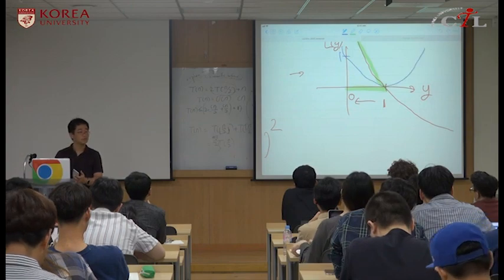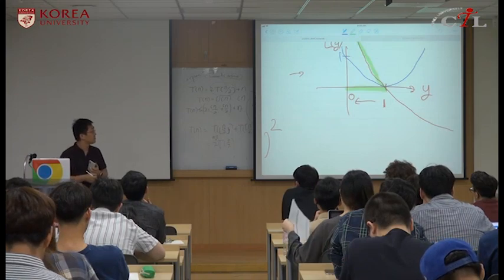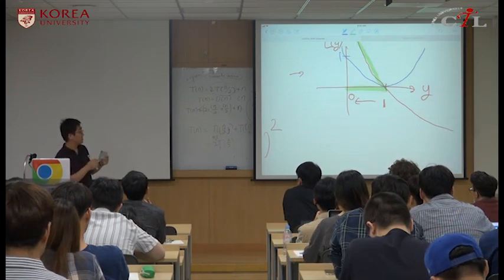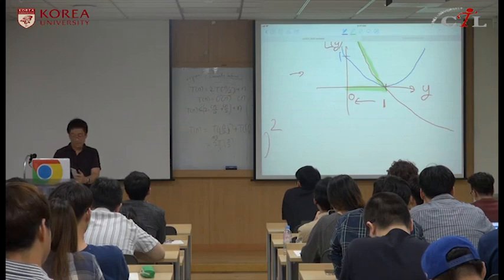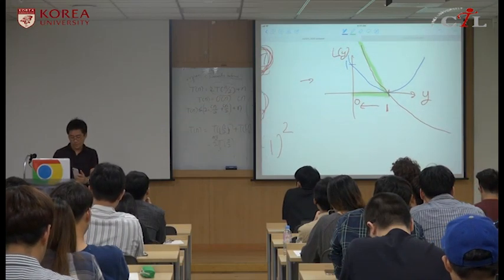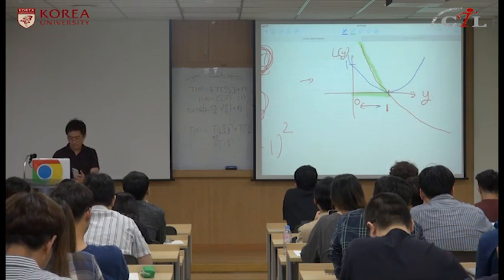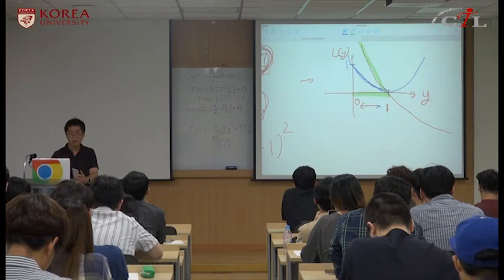It's like this, right? Given this function is defined over the entire region of y, the possible y values only exist between 0 and 1, so this part will only matter, right?